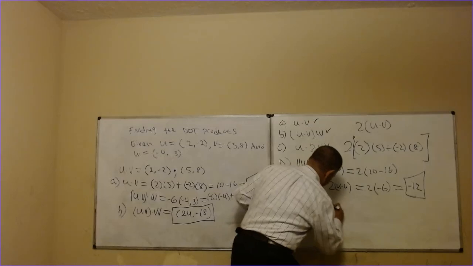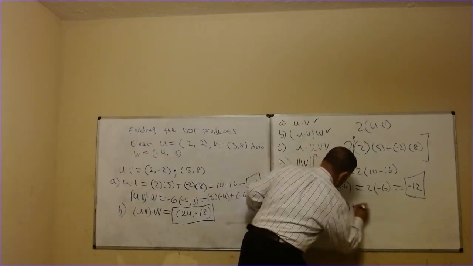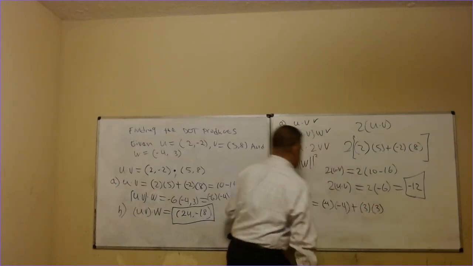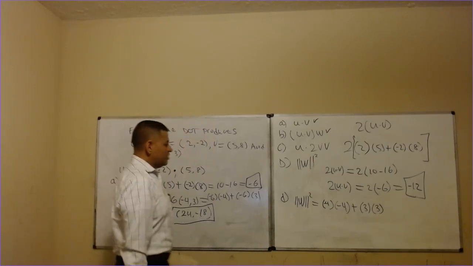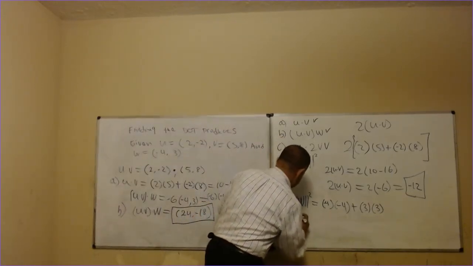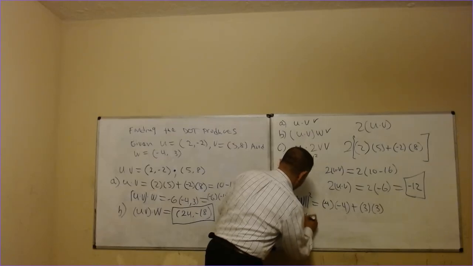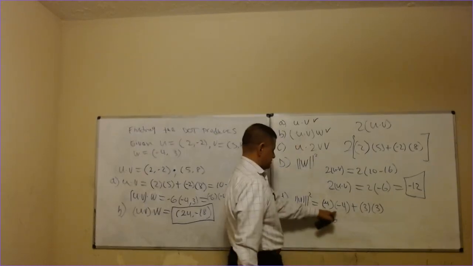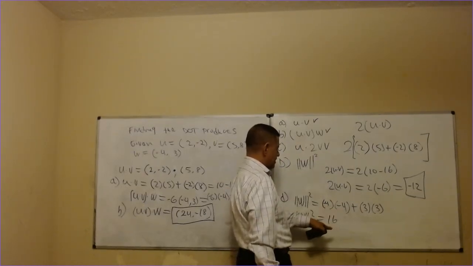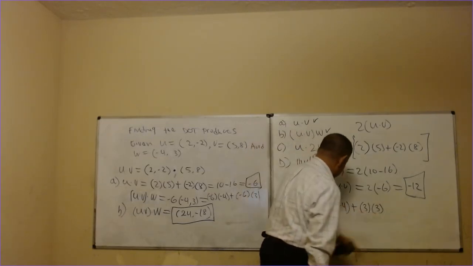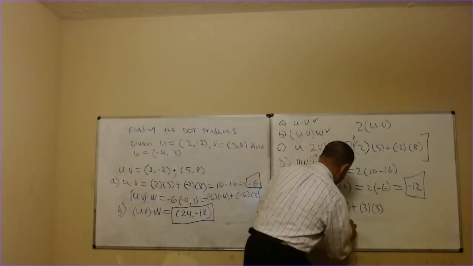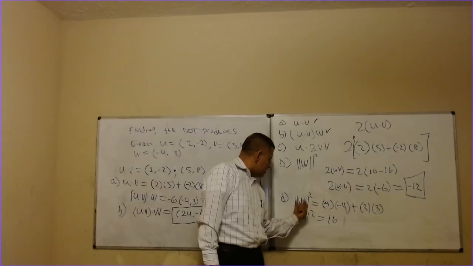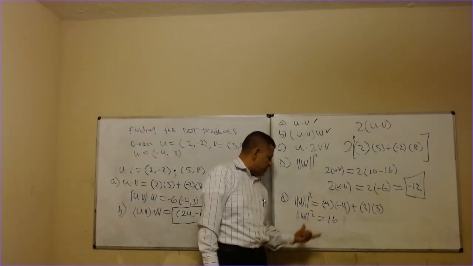So I am doing negative 4 times negative 4 plus 3 times 3. When I do this math, I get W squared, right, equal to 16. And this is what they tell me, is that take each term of W and square it, right?